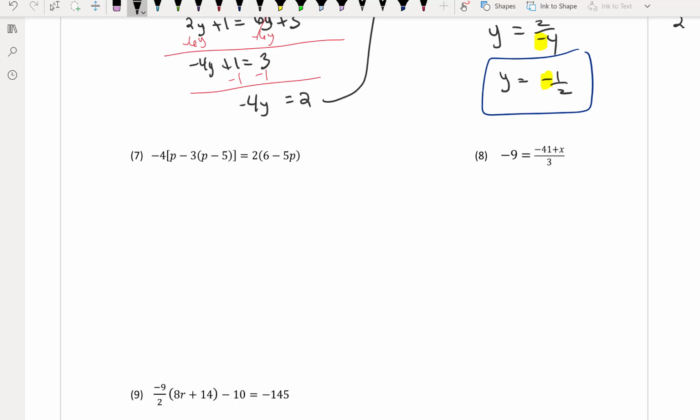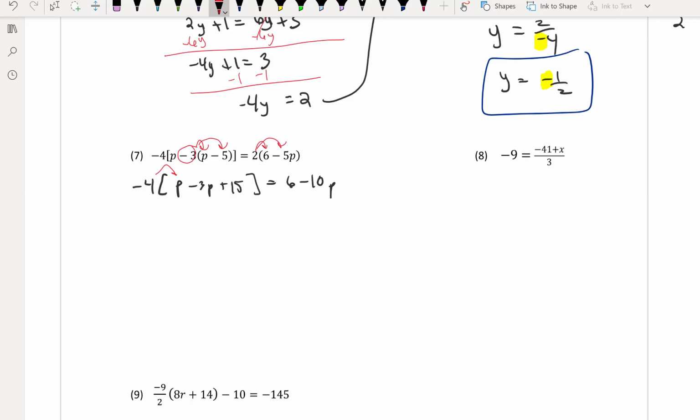So I'm going to rewrite this, and I'm going to have a negative 4p, and the inside of it, I'm going to grab that negative 3 and distribute on the inside. So now I'm going to have a negative 3p, and a negative times a negative is a positive, so positive 15, and it's equal to, and distribute, so I'm going to have a 6 minus a 10p.